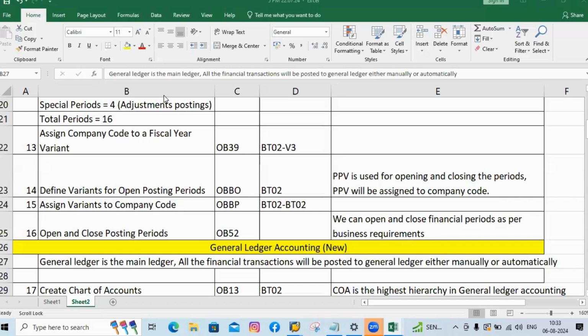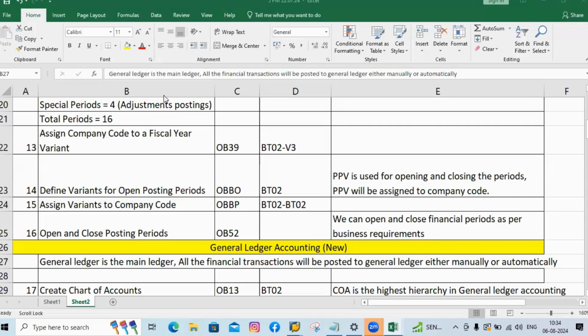So why is chart of accounts the highest hierarchy between chart of accounts and company code? Under one chart of accounts we can assign multiple company codes. That is the reason chart of accounts is the highest hierarchy.